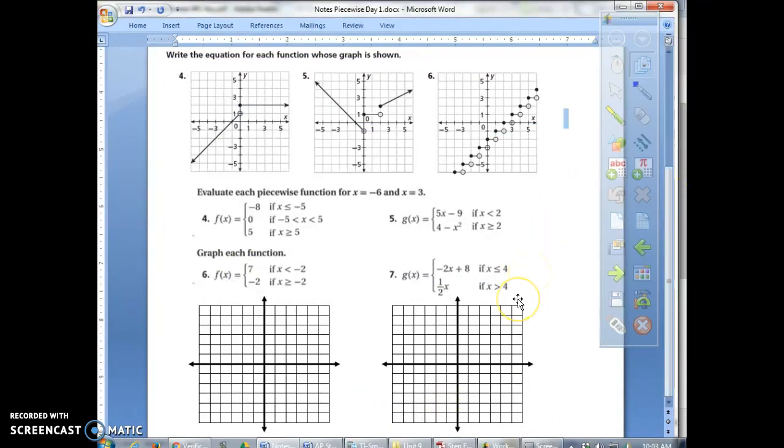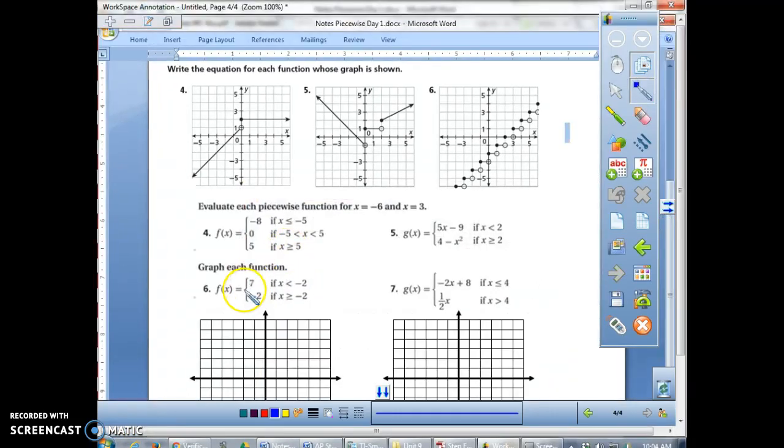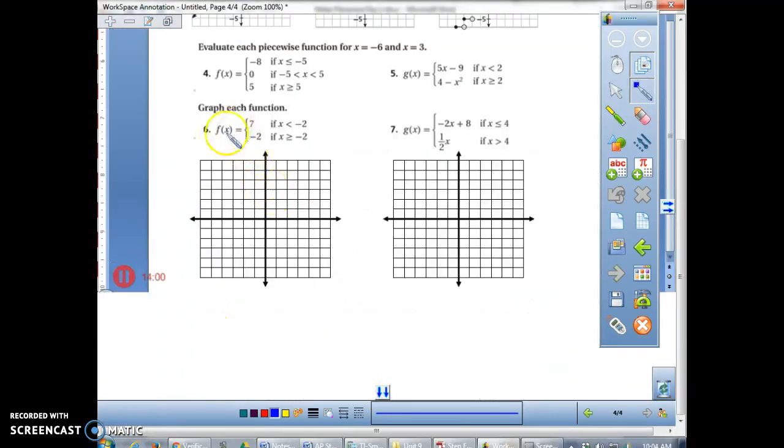Okay, so let's go ahead and graph this one right here. So I have y is equal to 7 when x is less than -2. So I'm going to go x of -2, and it's going to be a 7, so it's going to be up here, right?